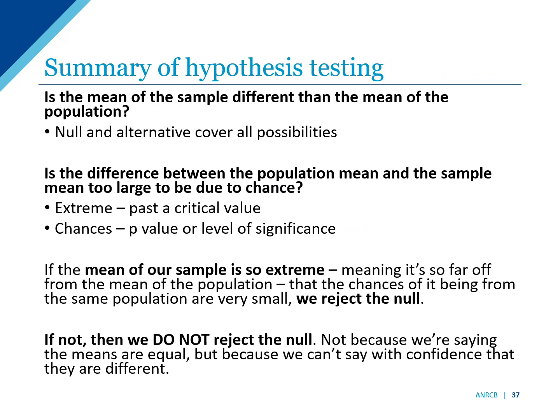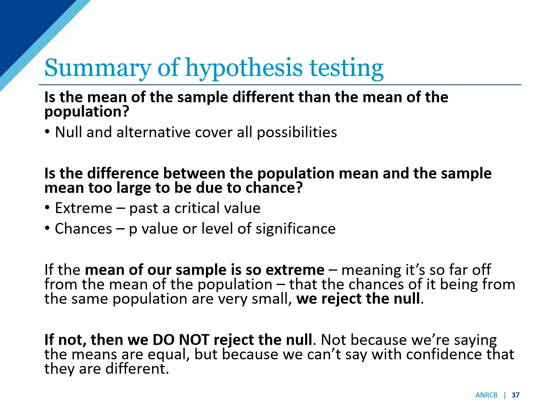In summary, we ask, is the mean of the sample different than the mean of the population? Because of the way they are written, the null and alternative hypotheses cover all possibilities. Is the difference between the population mean and the sample mean too large to be due to chance? Extreme means past a critical value, and chance means the p-value or level of significance.